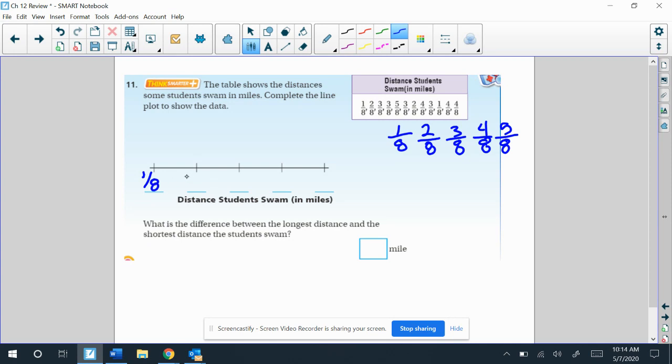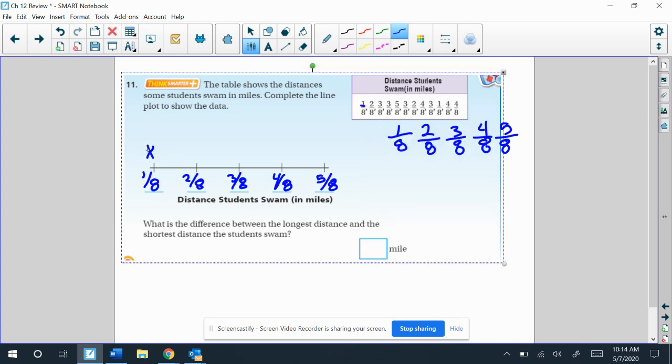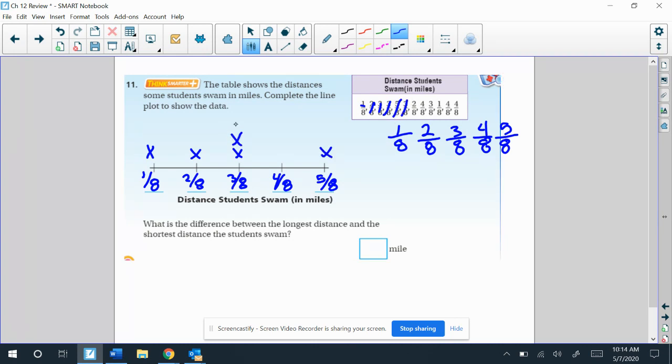1/8, 2/8, 3/8, 4/8, and 5/8. Now I'm going to put an X for every one we have. 1/8, X, 2/8, 3/8, 5/8, 3/8, 2/8.